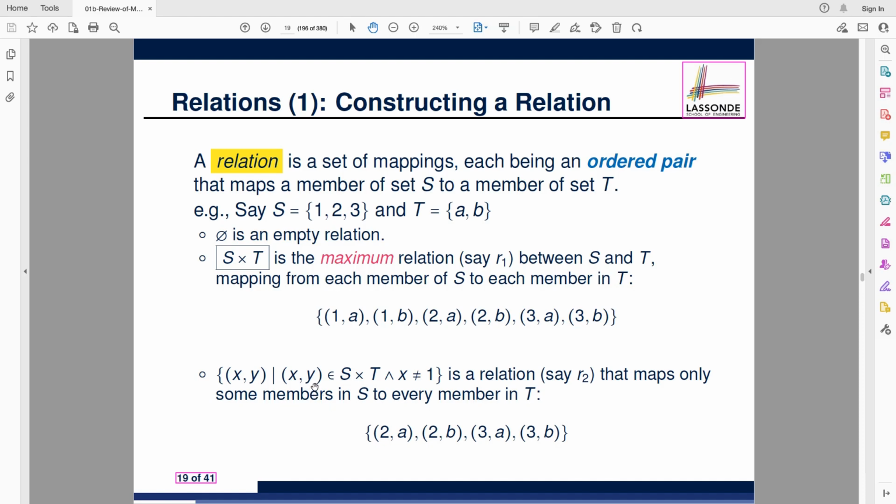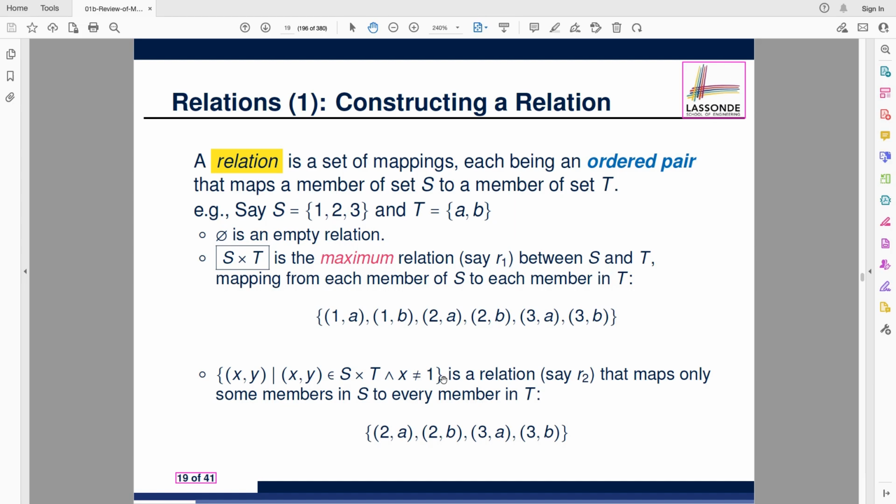I'll give you guys a little exercise mentally. Take a look at this set over here. We're using set comprehension notation. We're saying all the pairs xy such that xy should be in the cross product of S and T, and then we say x is not equal to 1. So it's not exactly the maximum relation, but with some restriction.